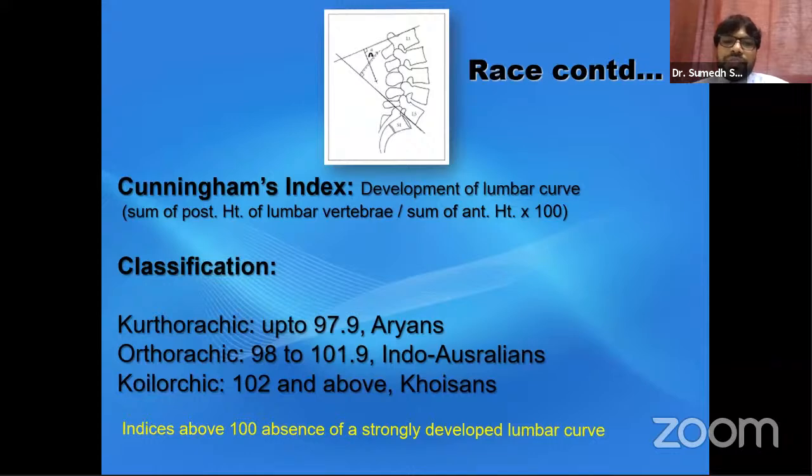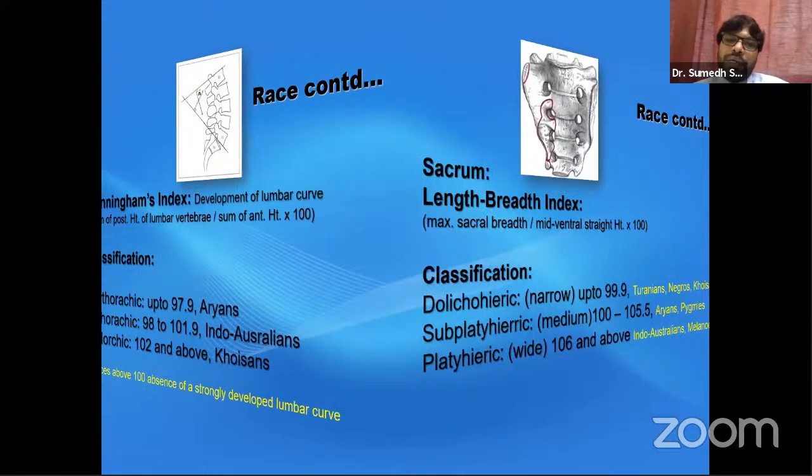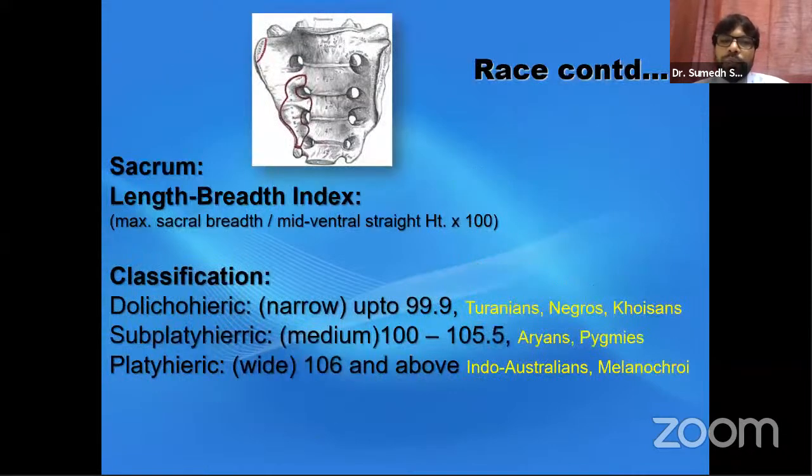Then, on the basis of the sacrum: the sacrum is a sacred bone, or you can call it a holy bone, because in a living person you cannot feel this bone. However, after skeletonization, you can see this bone. So that is called the holy bone. The length to the breadth, which I have already explained, the maximum sacral breadth to the mid-ventral straight height, this ratio multiplied by 100.